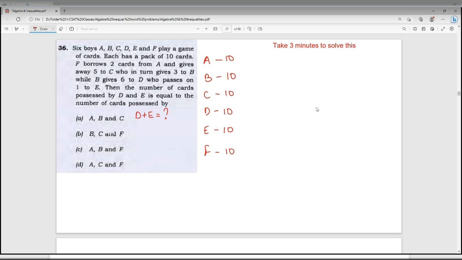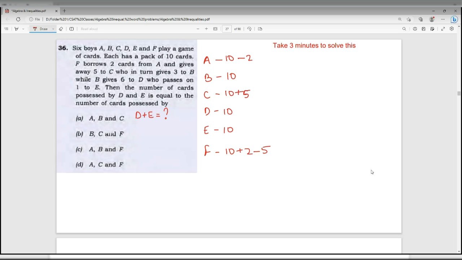F borrows 2 cards from A and gives away 5 to C. If F is borrowing 2 cards from A, A would reduce by 2 and F would add 2 cards. So 2 was removed, given by A, and F has taken it, and gives away 5 to C. So this is minus 5 for F, and plus 5 for C.